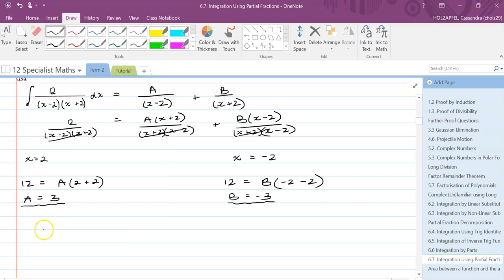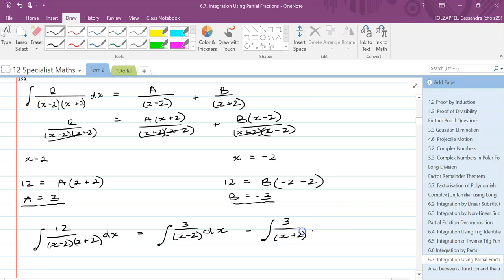If we wanted to find the integral of 12 over x minus 2 times x plus 2 dx, then that's the same thing as finding the integral of, now what was our value for a? 3. So the integral of 3 over x minus 2 dx minus the integral of 3 over x plus 2 dx.